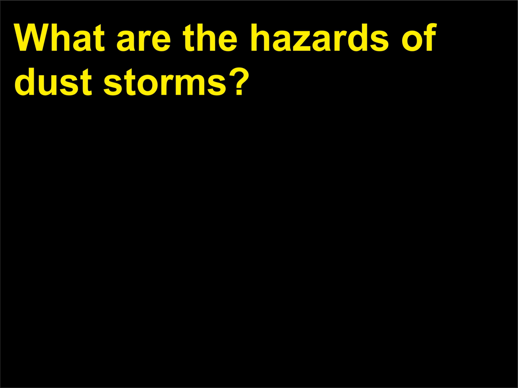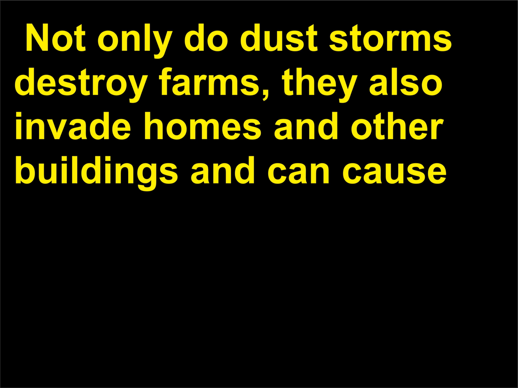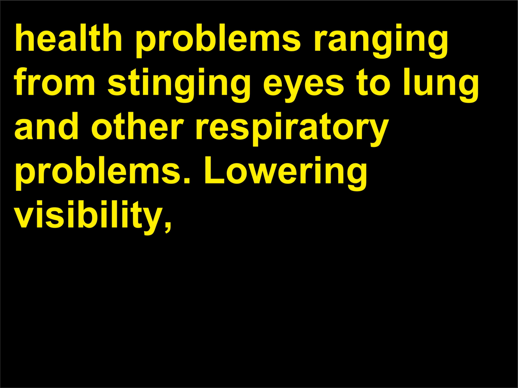What are the hazards of dust storms? Dust storms regularly occur in such places as the Sahara and Gobi deserts. Not only do dust storms destroy farms, they also invade homes and other buildings and can cause health problems ranging from stinging eyes to lung and other respiratory problems.